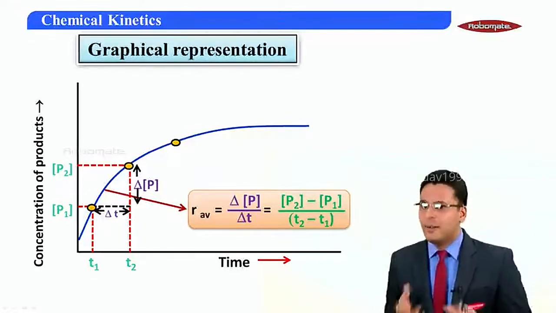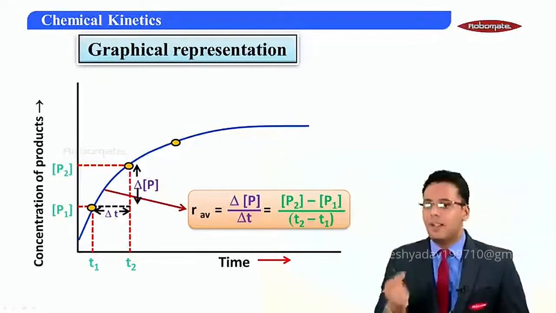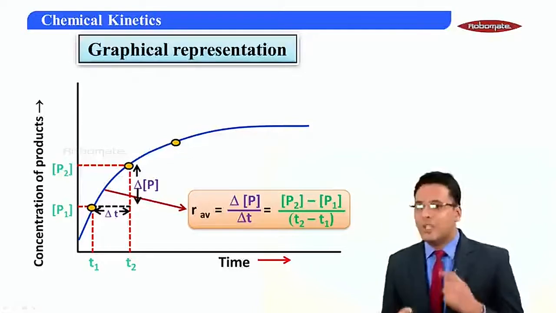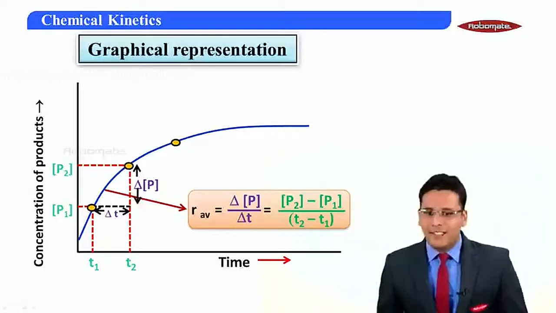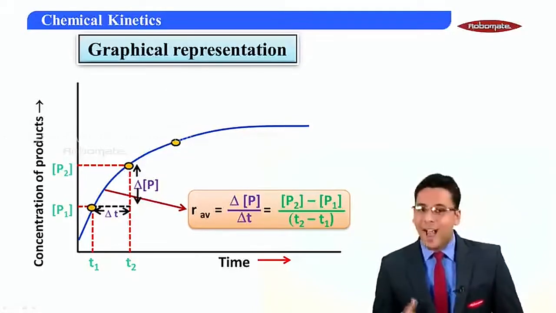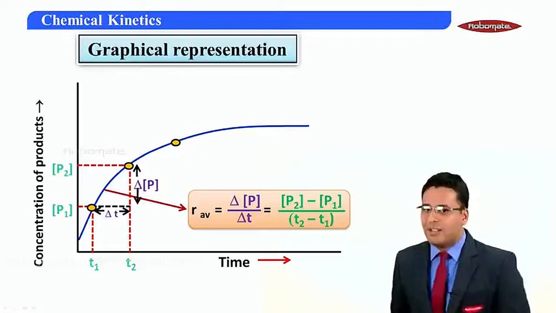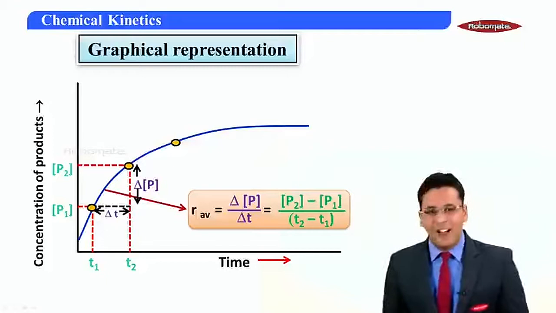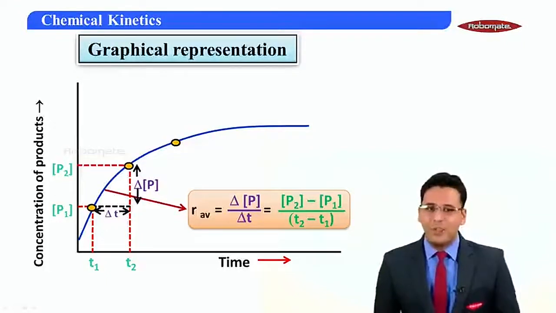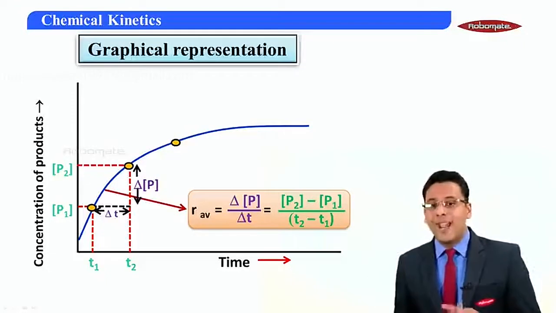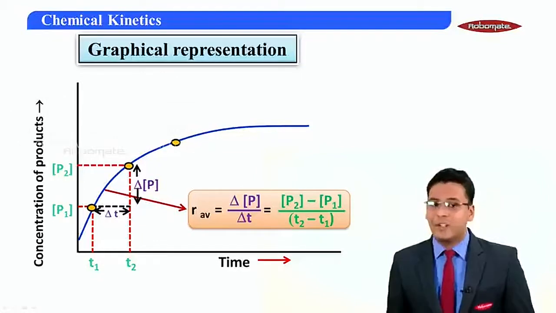Which line? Between T1 P1 and T2 P2. So that's how we calculate the average rate of any reaction with the help of an equation and with the help of a graph. In the next module, we will understand how instantaneous rate of reaction works.